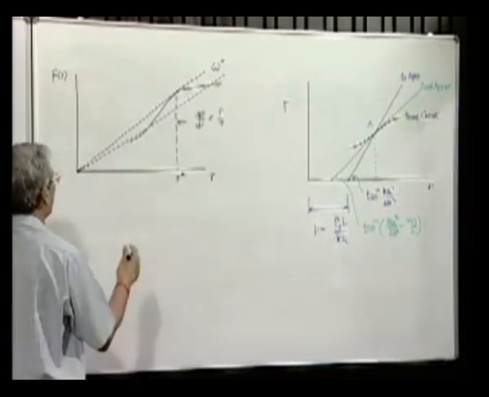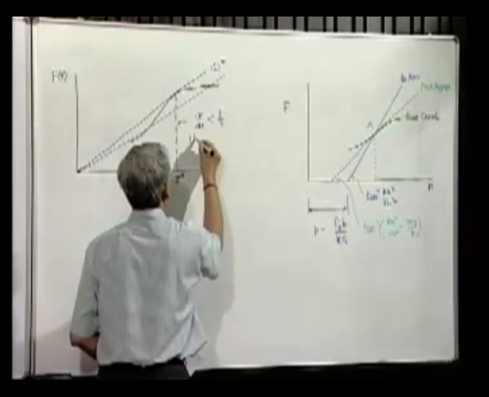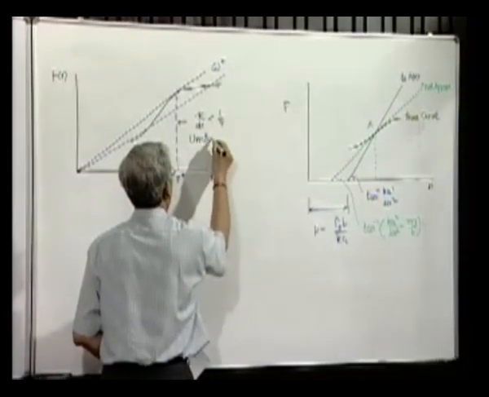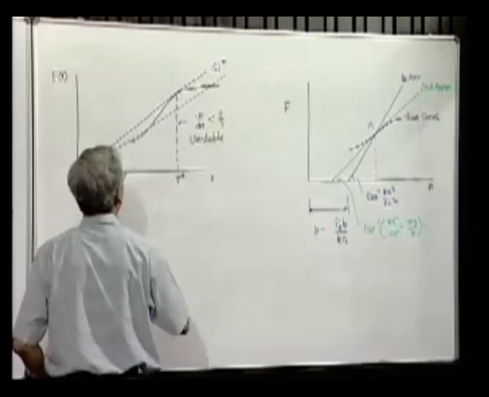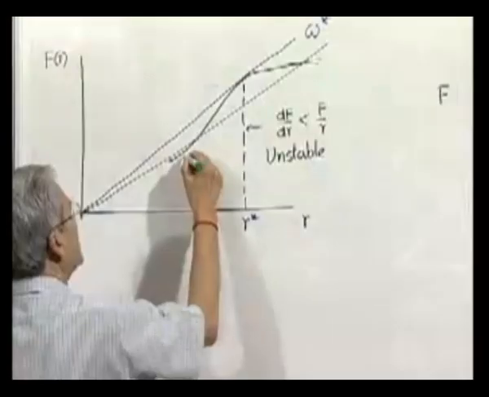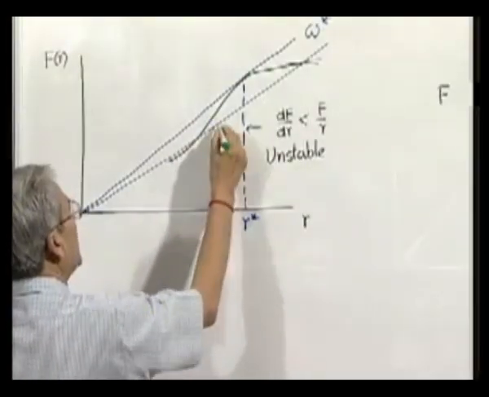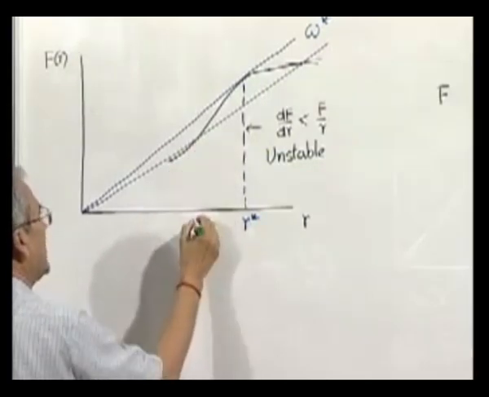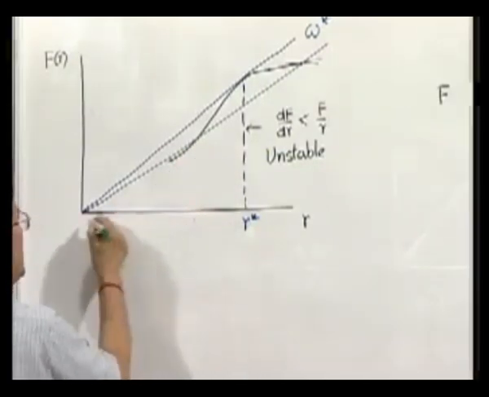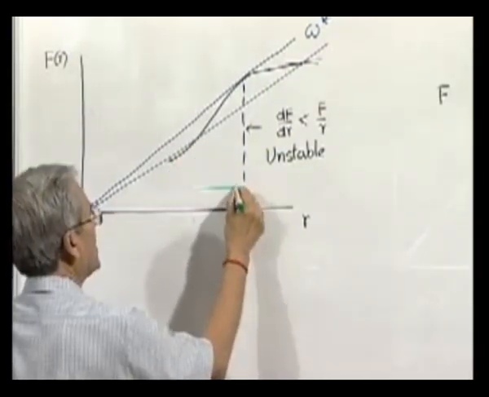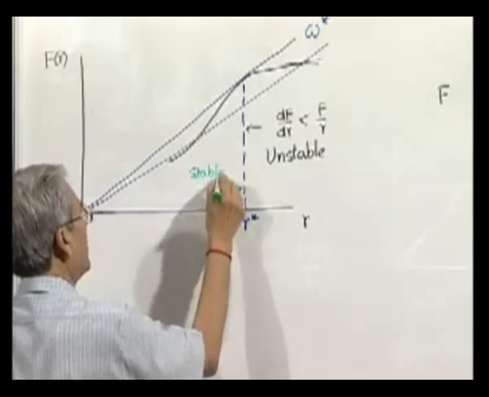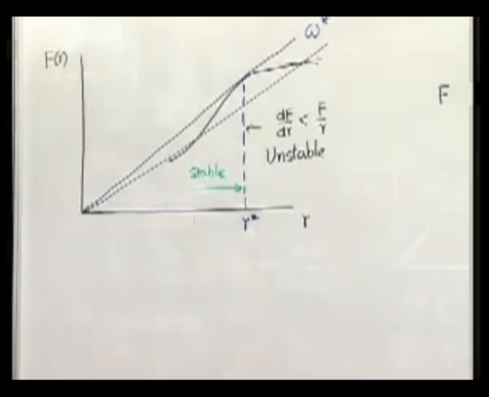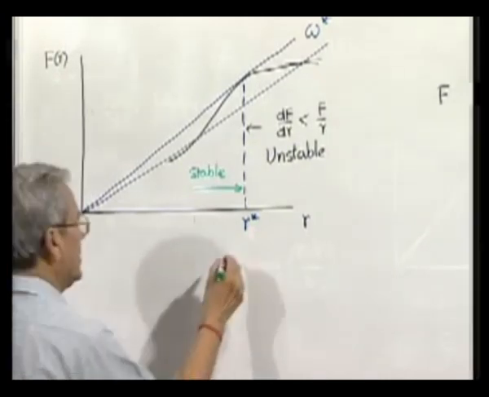So therefore, it is unstable. Whereas if we operate here, you can see that dF/dR is more than F/R, which is nothing but the slope of this. This is F, this is R. So this is stable. And the limit of stable operation is this.